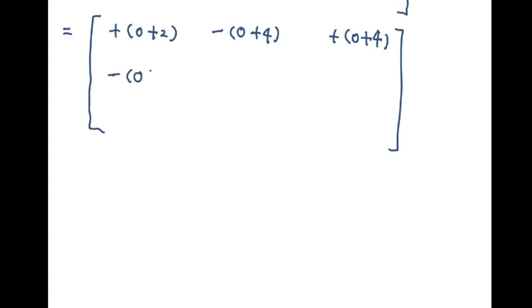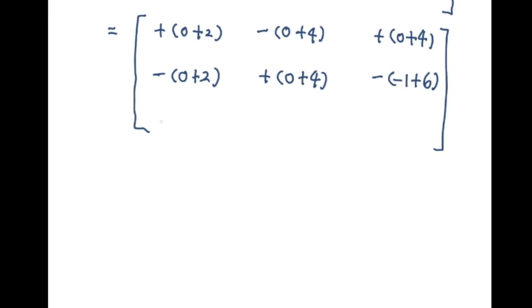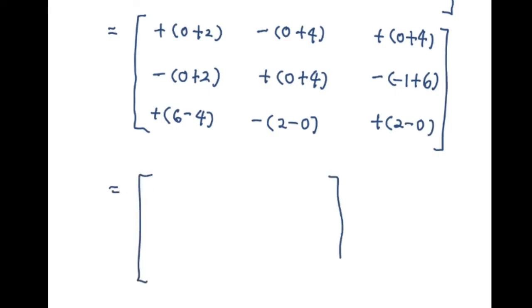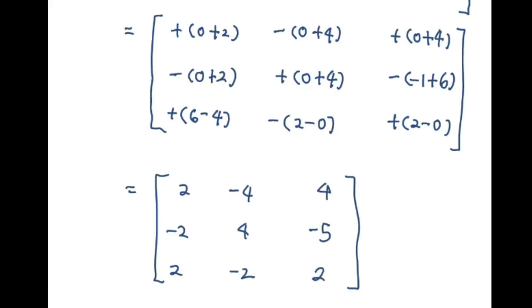And then for the third row, okay, understand? Then you will get the answer 2, negative 4, 4, negative 2, 4, negative 5, 2, negative 2, 2. Understand? Alright.